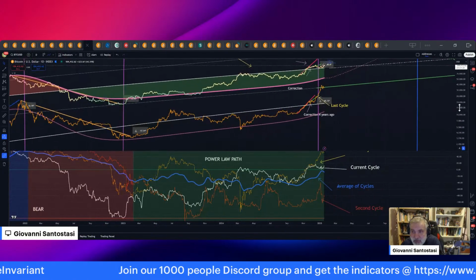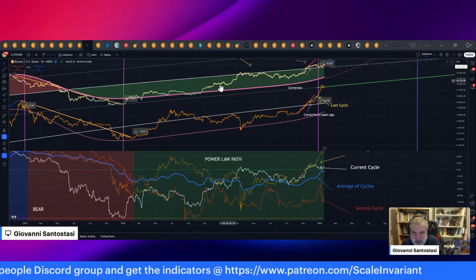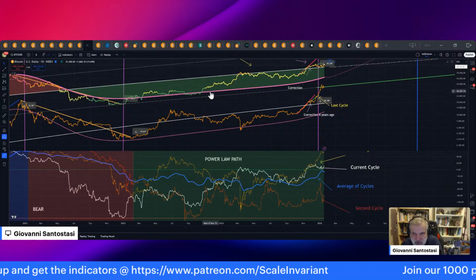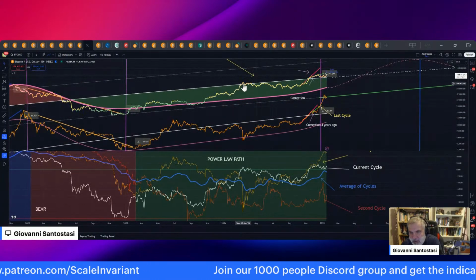We were close to the power law trend anyway, right? Because mostly all this happened. It was a deviation from the support. It was due to the ETFs. And then we reached the power law.